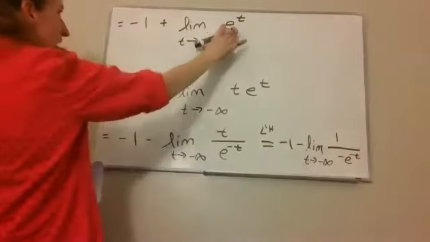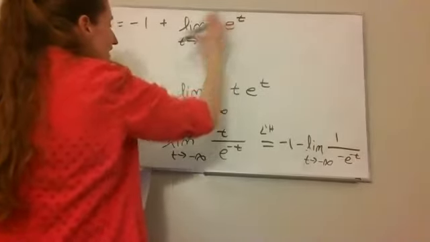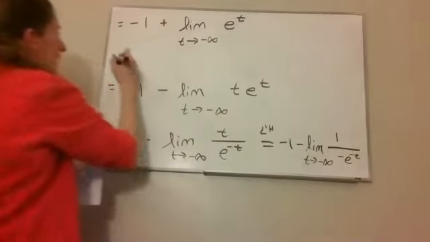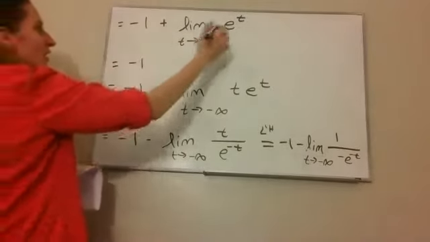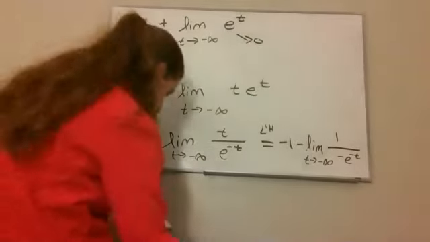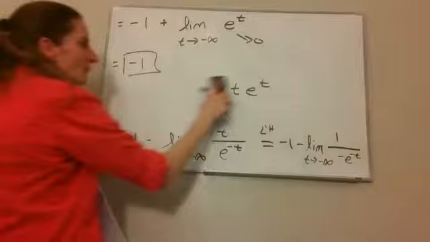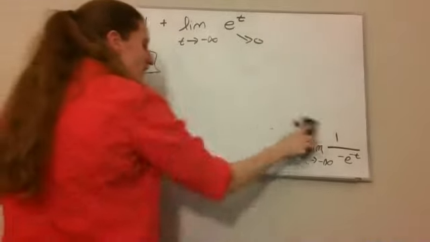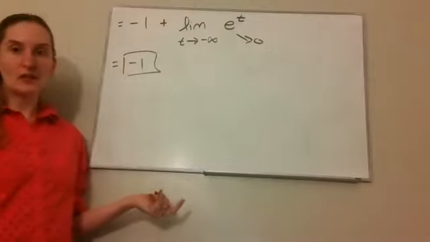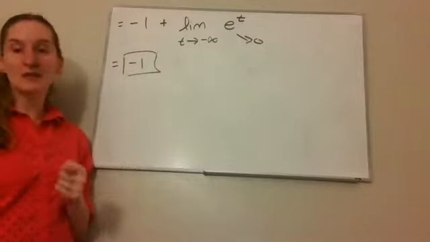And now this limit here, e to the negative infinity, well, we're getting closer and closer to 0. So I have a negative 1, this guy goes to 0. My final answer is just negative 1. So if I asked, does that integral converge or diverge, your answer would be the integral converges to negative 1.